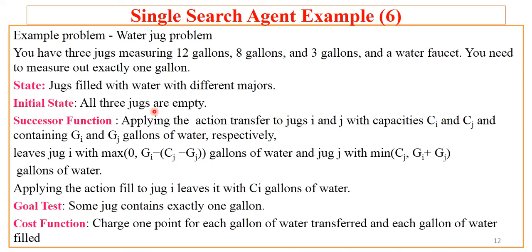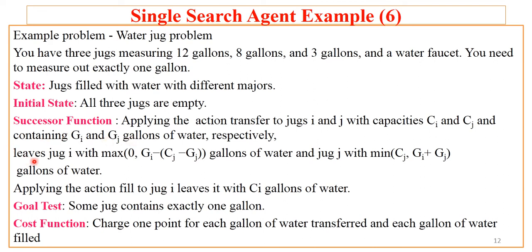Here for our example, assume that jug I is 12 gallons and jug J is 8 gallons. So the capacity of jug I is represented as Ci, which is 12, and jug J, which is 8 gallons, is represented as Cj. These are the capacities, and these jugs are G12 and G8.